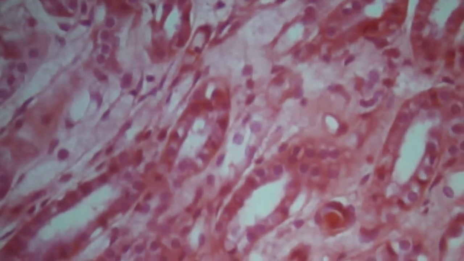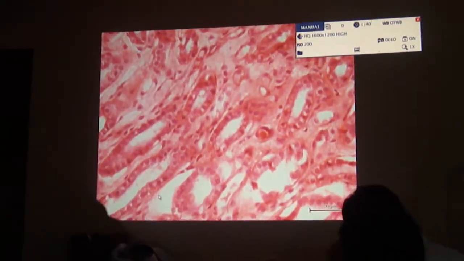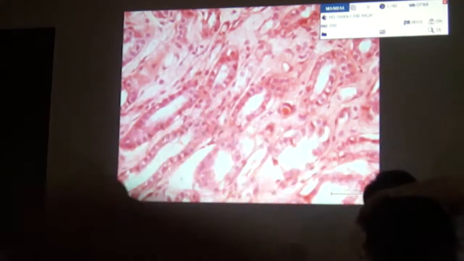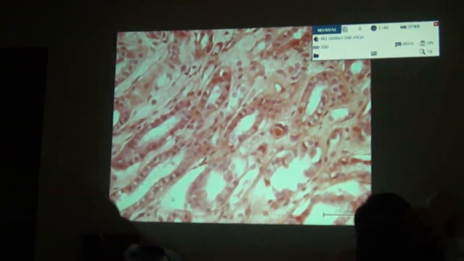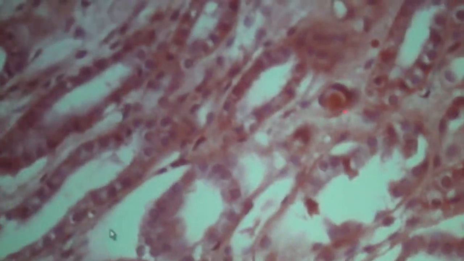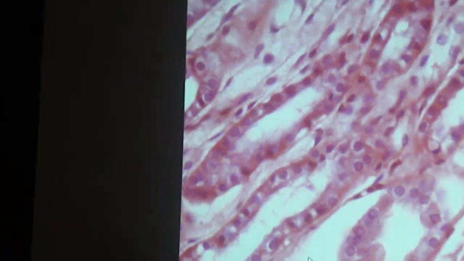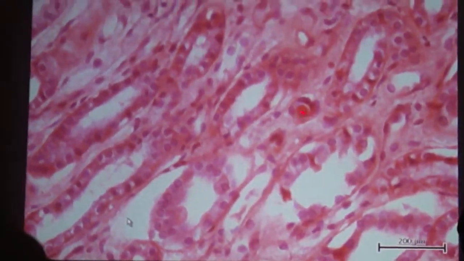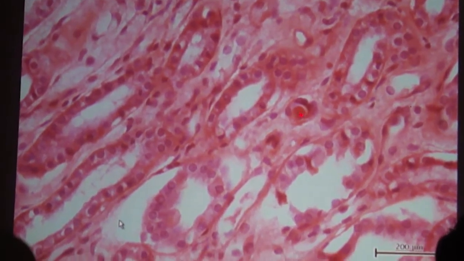Then, watch out for the thin segment because the vasa recta, which are actually composed of capillaries and arterioles, will also be lined with simple squamous epithelium. We will be able to identify that they are blood vessels because of the presence of what? A red cell.